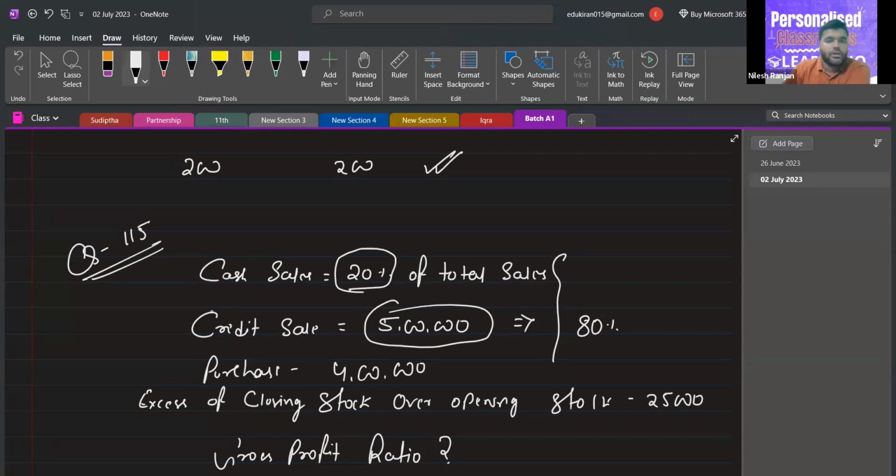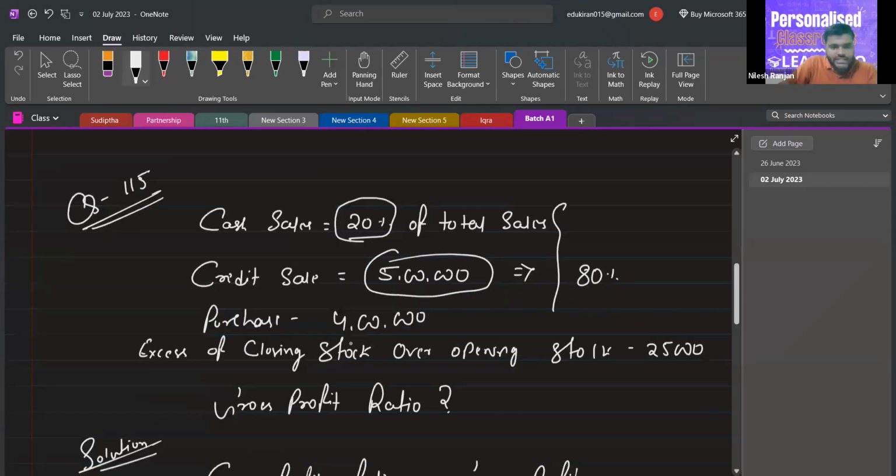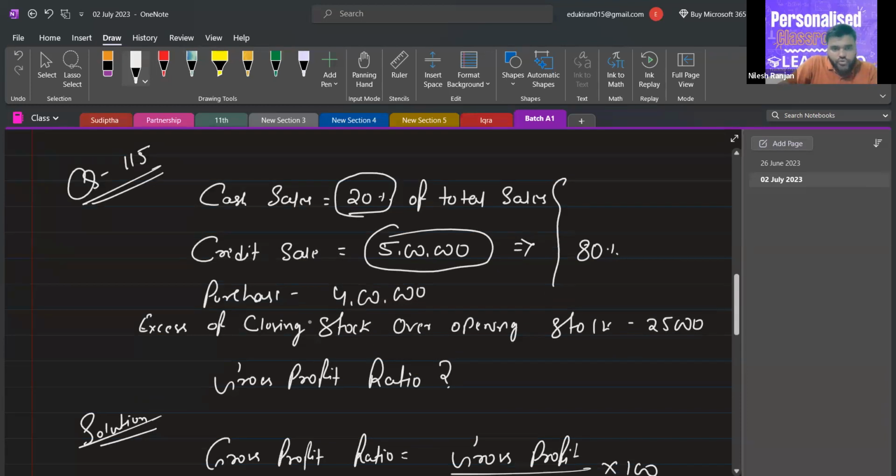Now, when we calculated our net sales, we calculate cost of goods sold by using purchase and excess of closing stock over opening stock. So we used this information in negative form, and we deducted it from purchase. So 4 lakh minus 25,000.